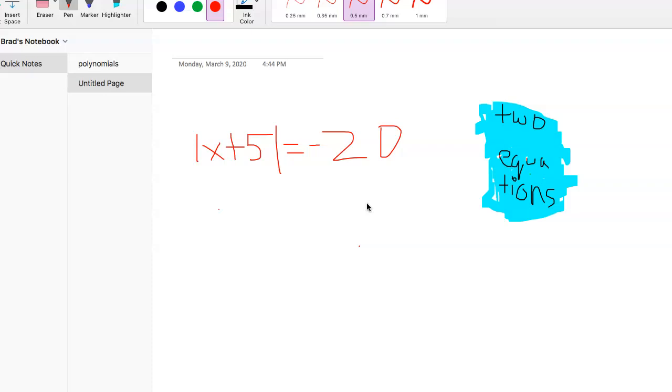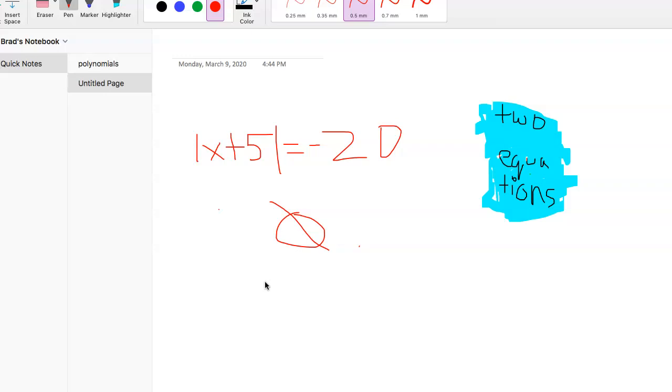Okay, so you see anything like this, we have the absolute value of x plus 5, we don't have any other numbers hanging out on the left side of the equation, equals negative 20. Absolute value cannot equal a negative number. We just have this, or it'll say empty set, right?